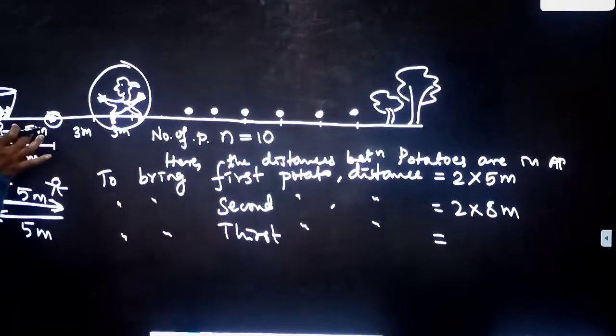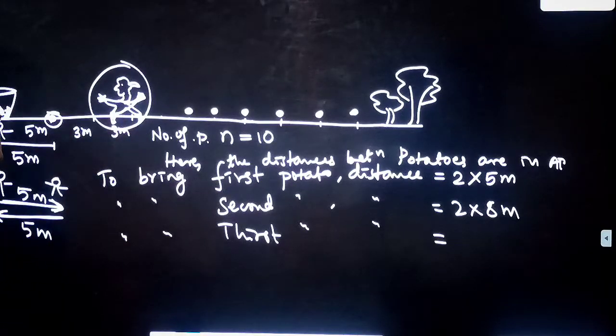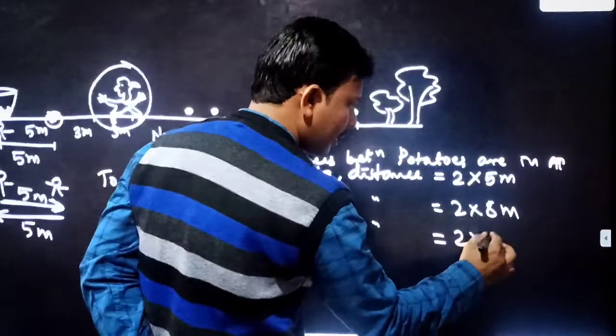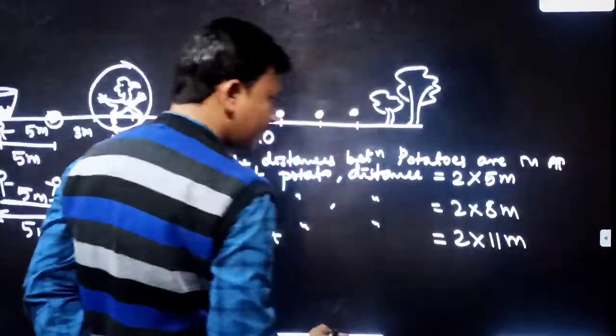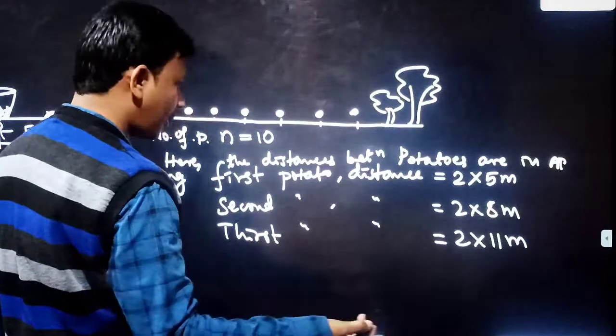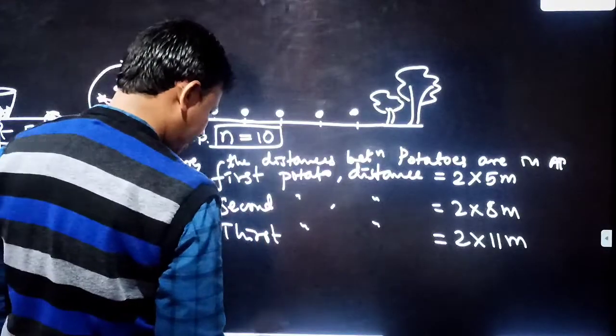Correct? 5 plus 3 plus 3, 11. 11 plus 11, 22. That means 2 into 11 meter. Then there are how many potatoes? Total 10 potatoes. N is equal to 10.